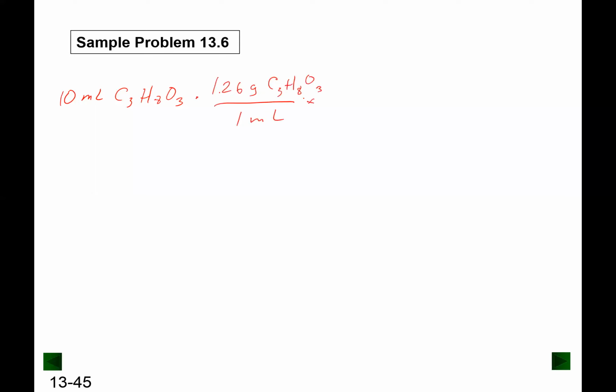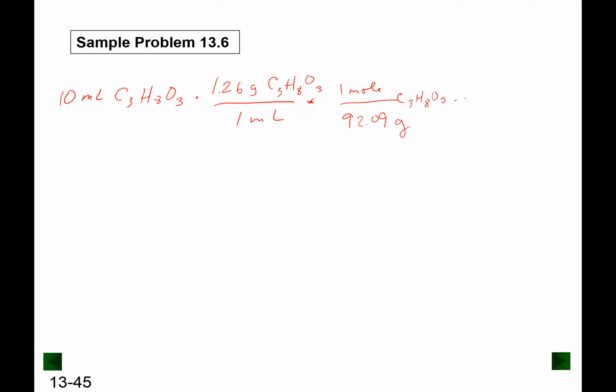And then we're going to multiply that times the molar mass, so 1 mole of C3H8O3 is equivalent to 92.09 grams.